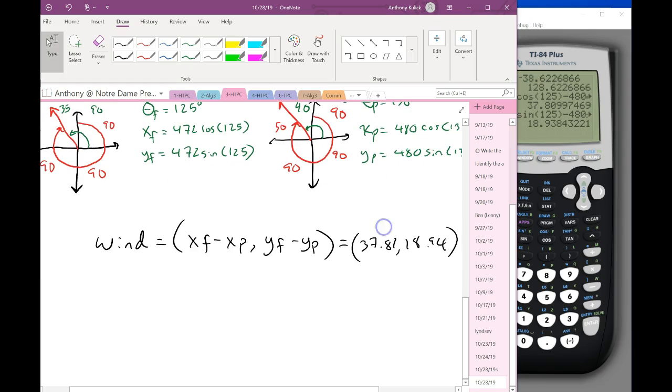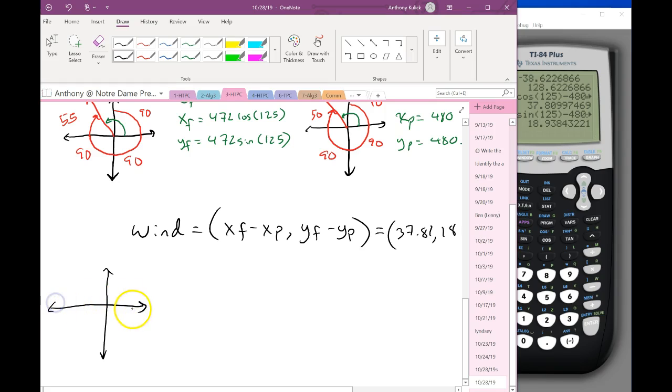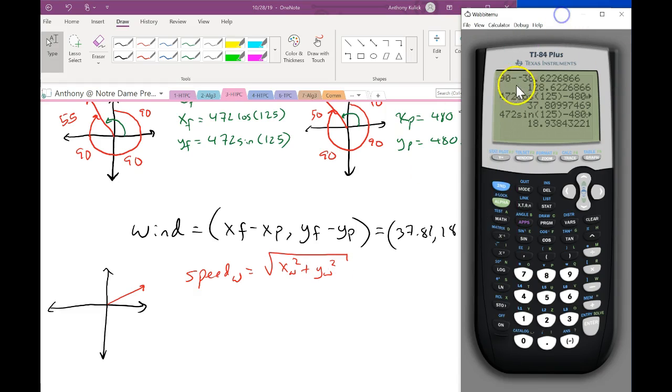We just now need to resolve that into a speed and bearing. So if I go 37 over and 18 up, we're somewhere over here. My wind speed is going to be the x from the wind squared plus the y from the wind squared, all square rooted.